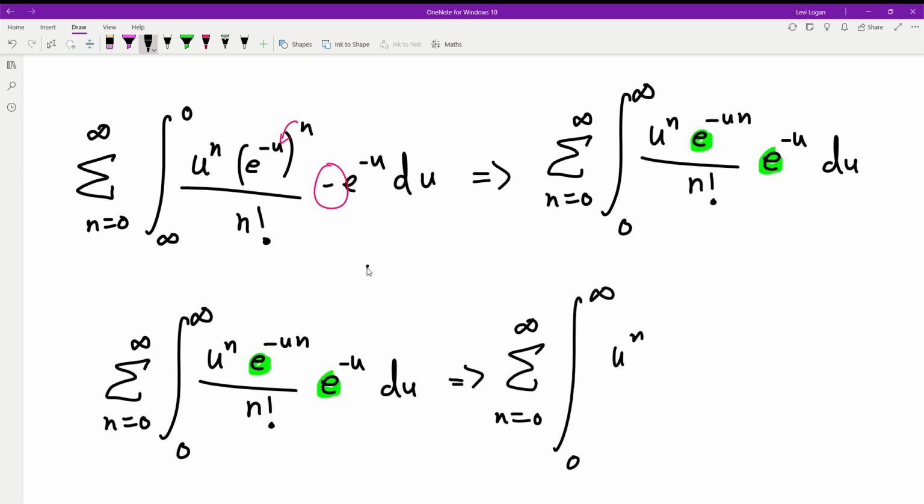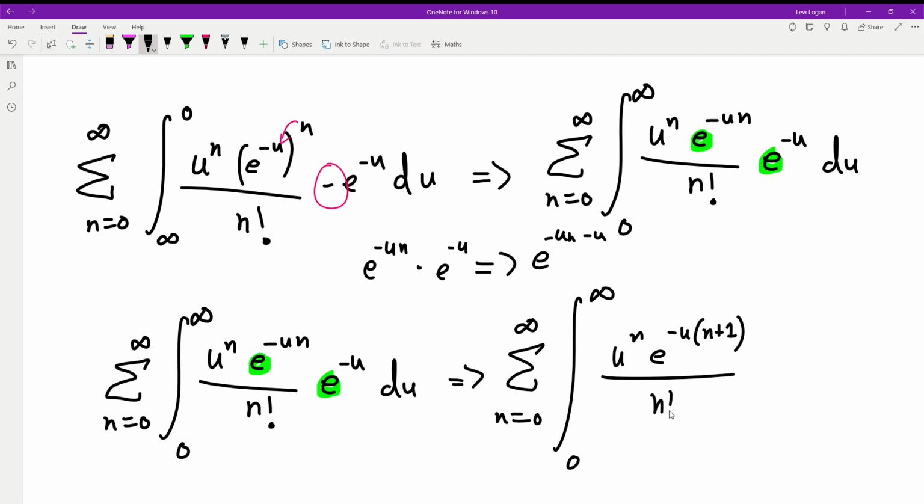If I multiply e to the negative un by e to the negative u, you add the indices, I'll get e to the negative un minus u, and then I can take out a factor of negative u. So I'll have e to the negative u times n plus 1 in here, all over still n factorial du.